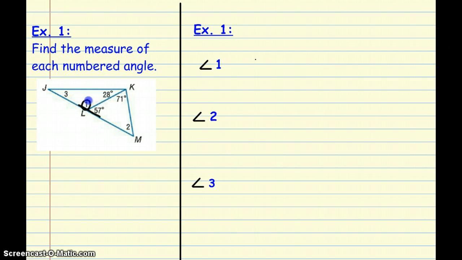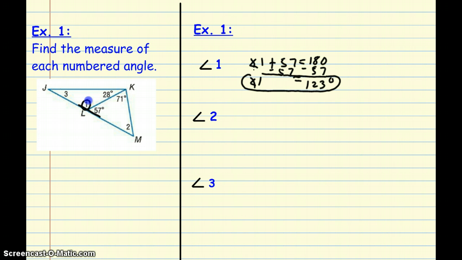So angle 1 plus 57 degrees has to equal 180. If we subtract 57, then we find out that angle 1 is 123 degrees.